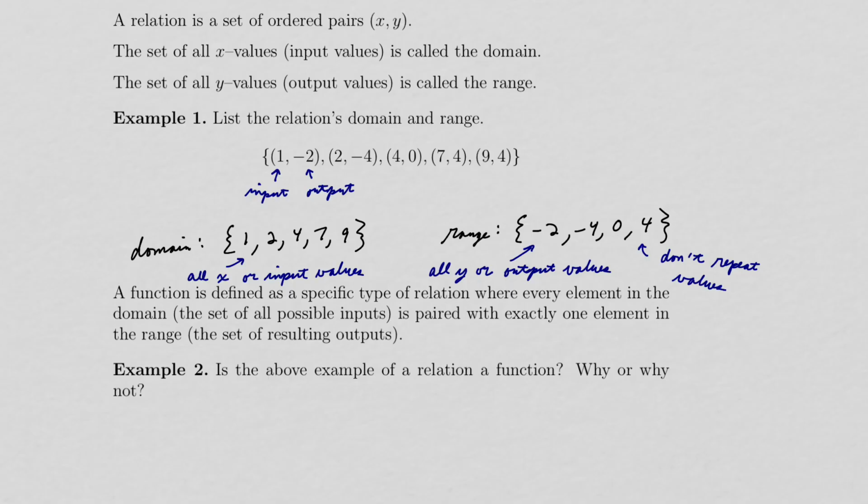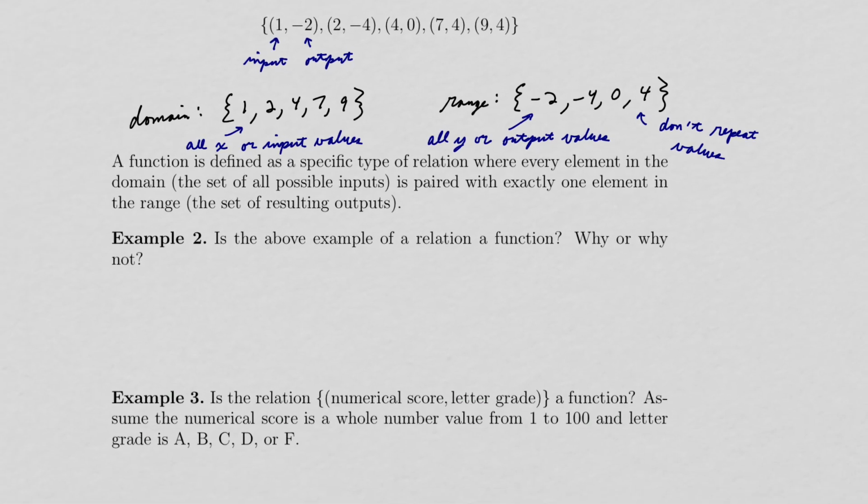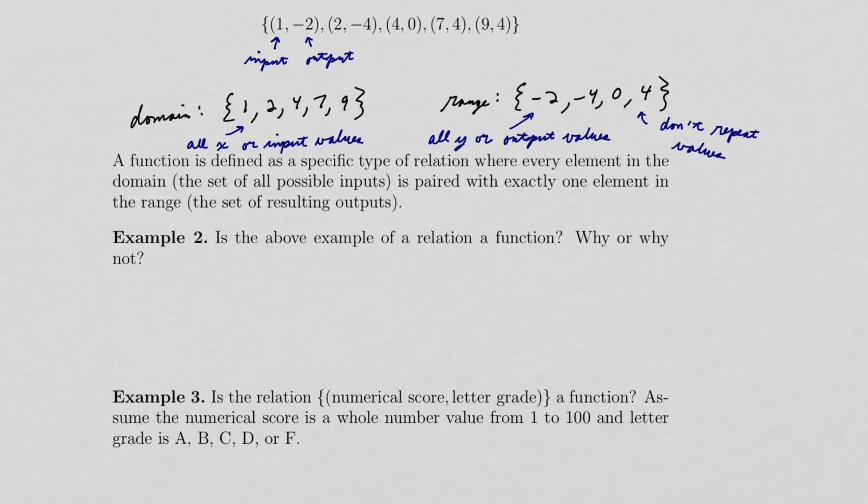So the question in this case is, is that relation that we just talked about in example 1 a function? And the answer in this case is yes, and the quickest way to determine that is that the input values don't repeat. So I'll say yes, and it's because the input values don't repeat.